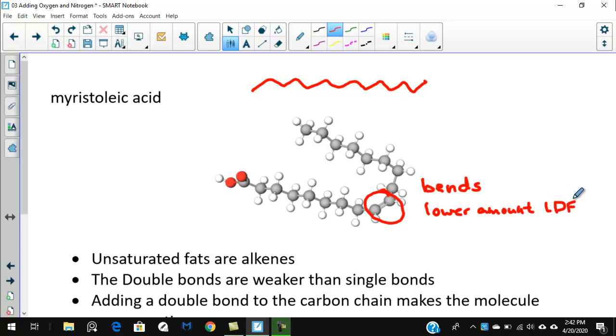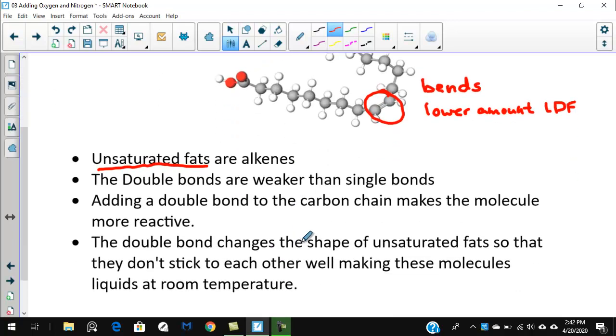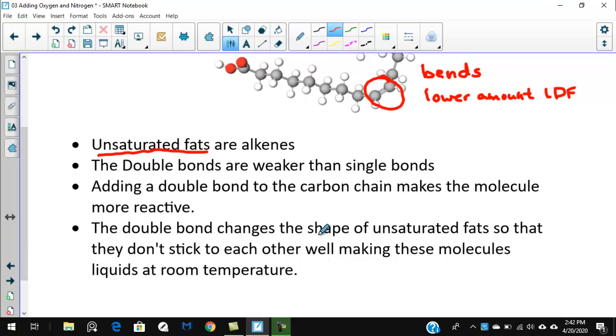So alkenes, like this one, also called unsaturated fats in the molecule I've drawn, have a double bond that changes their shape in such a way that they don't stick well to each other. And if they don't stick well to each other, they are liquids at room temperature. This would be something more like olive oil, which is a healthier oil for you, but it's a liquid at room temperature. It's not a solid.